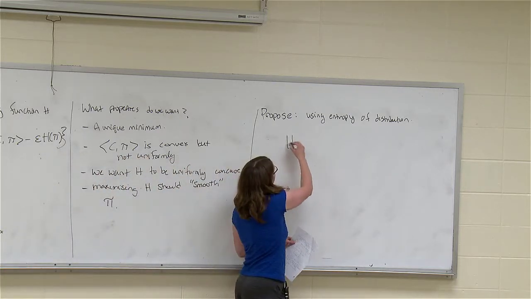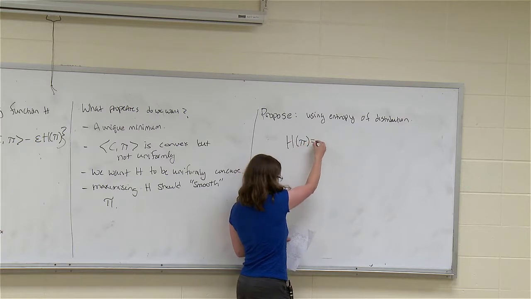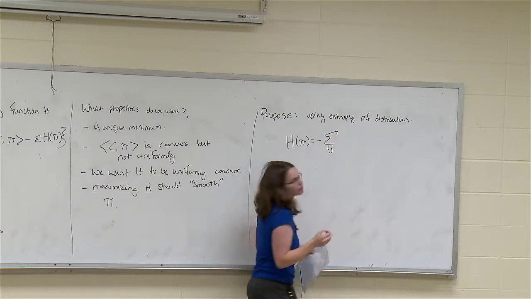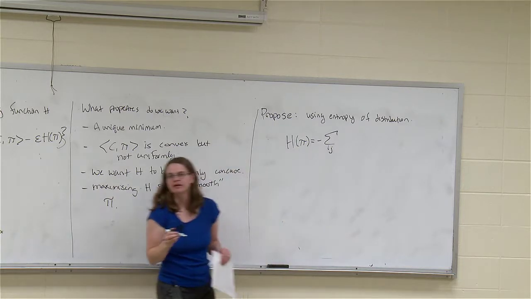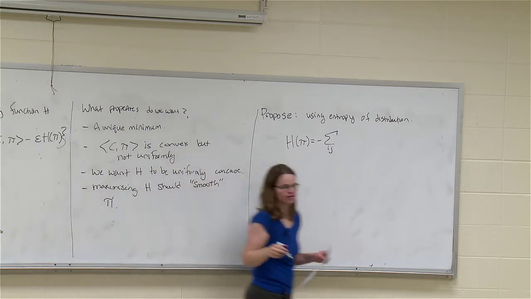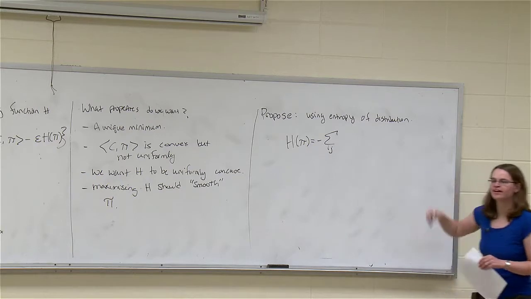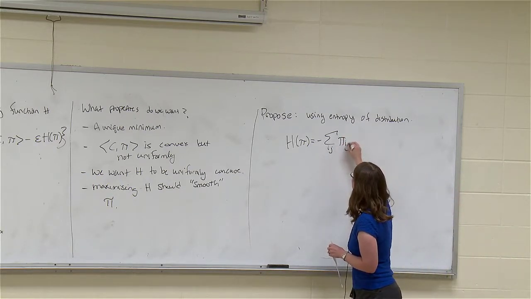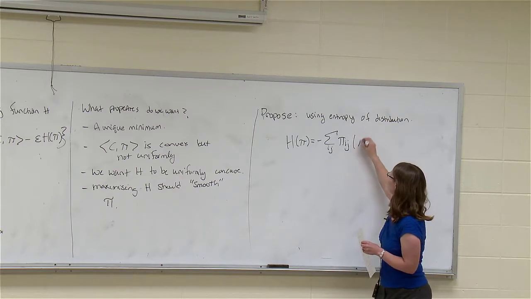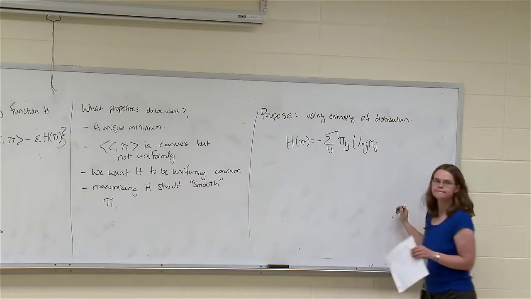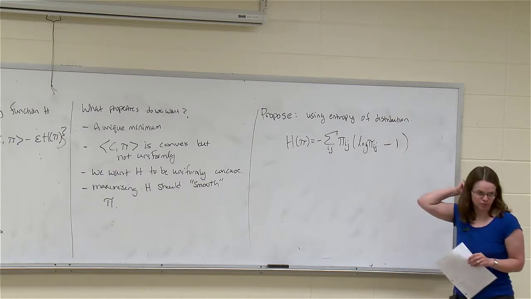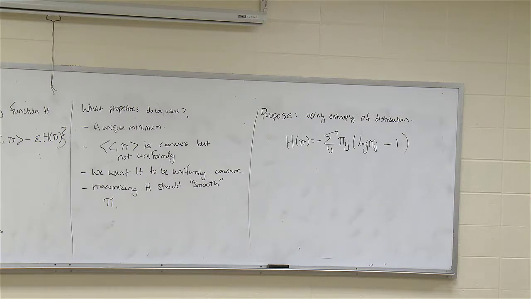So the entropy looks like this. It can appear in slightly different ways in the literature, and it's kind of equivalent. But I'm just going to write it down the way it's typically written in the context of this entropic regularization. You have a pi log pi term. And then in this context, they like to subtract 1, which doesn't really matter.